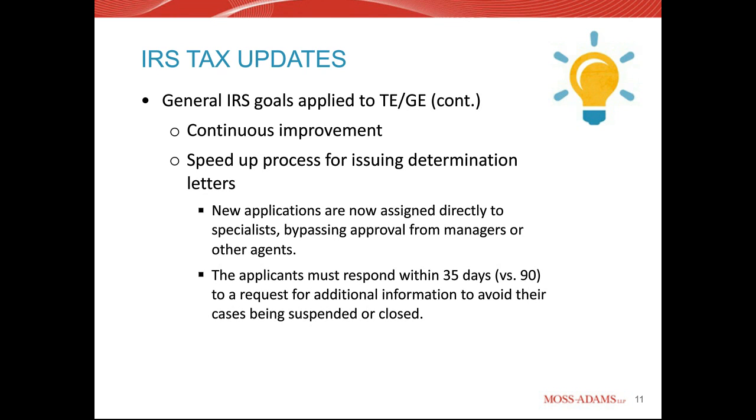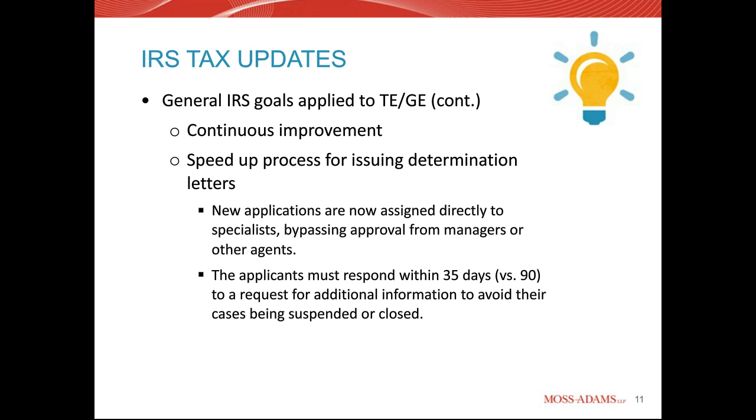So what they've done, if you are trying to apply for exempt status and you need a determination letter, now they're bypassing managers and other agents approving. It's going directly to a specialist to take a look at it.